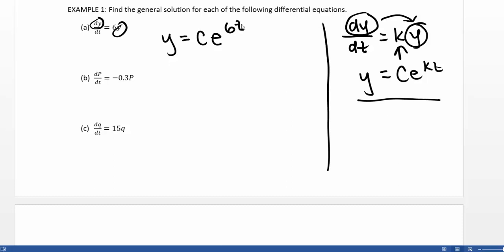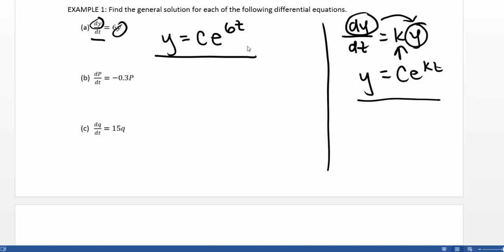I know it's t because on the bottom of my differential equation, where I have my derivative, the independent variable is t. So that's what goes up in the power. This is a general solution because I don't have anything that allows me to solve for c, but I do have my k in this case.